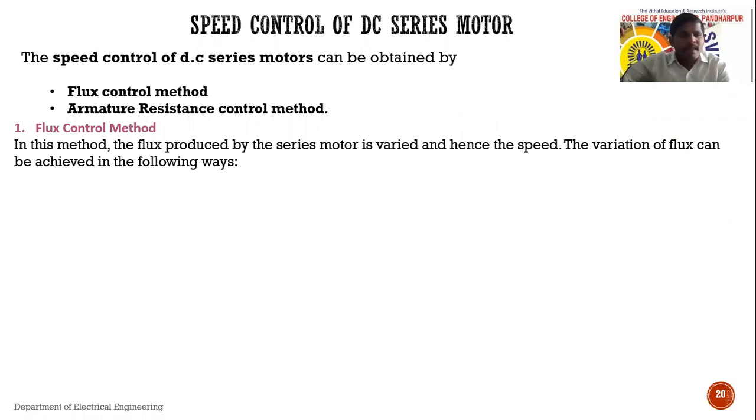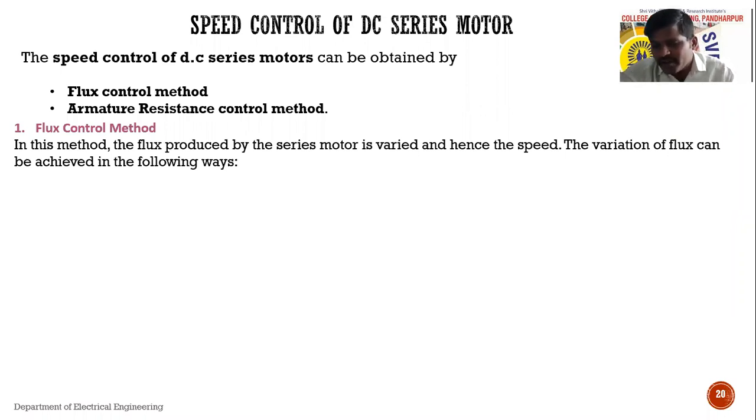Now see, in this method, the flux produced by the series motor can be varied. Then the speed of DC series motor can be varied according to the equation.